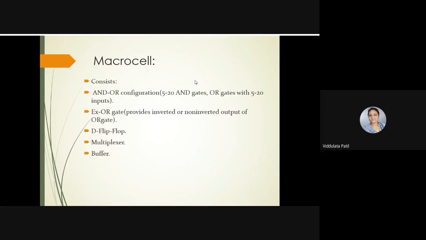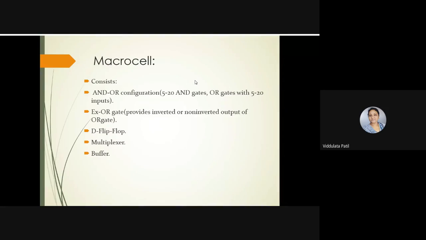Now, what is the purpose of these macro cells? As we have seen earlier, whenever we are using a PAL structure or PLA structure, if we go for more inputs, what happens? The fan-in of the AND gate increases, which slows the performance of that circuitry. So to reduce that, or to increase the efficiency of that circuitry, we are using macro cells. Because of these macro cells, we can increase the number of inputs.